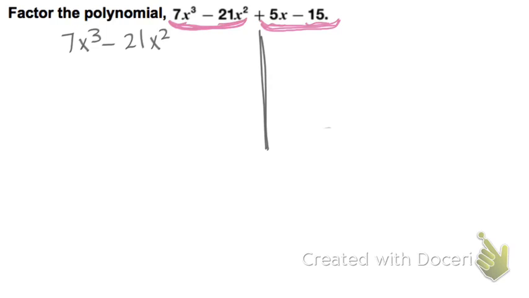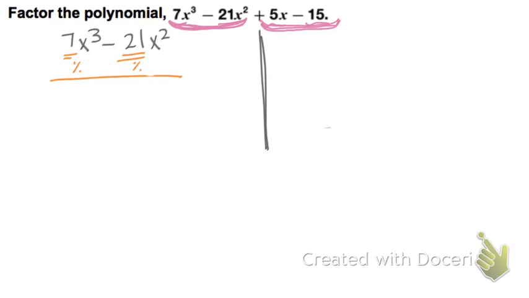So what I like to do is look at the coefficients first. So I have a 7, and I have a 21. And I first say, what can I divide 7 and 21 both by? And I can divide them both by 3. So I'm just going to write that down here and say, well, oh, sorry, I can't divide them both by 3.